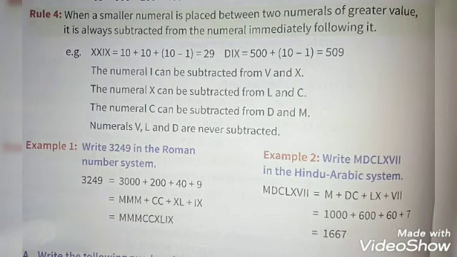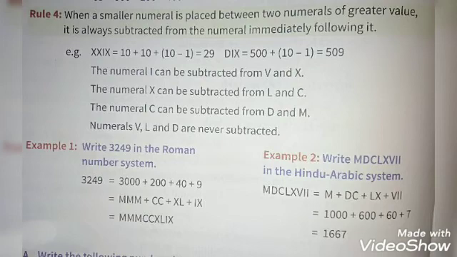Now let's come to the next rule, rule number 4. When a smaller numeral is placed between two numerals of greater value, it is always subtracted from the numeral immediately following it.